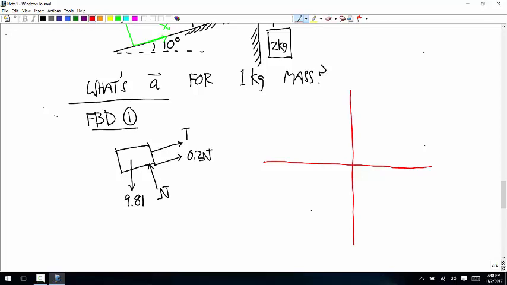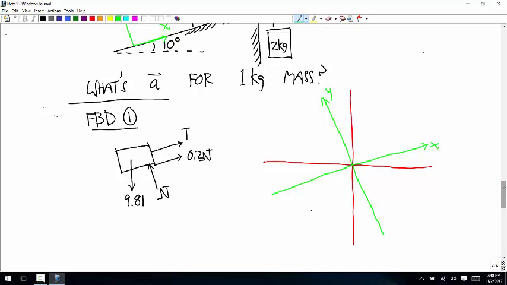And now I'm going to draw in the coordinate system. So there's the positive x direction. There's the negative x. There's the positive y-axis. Negative y.